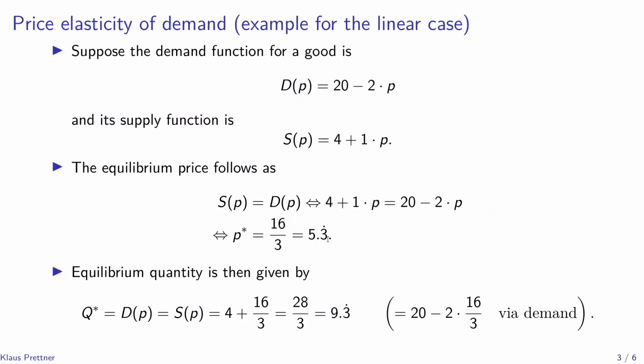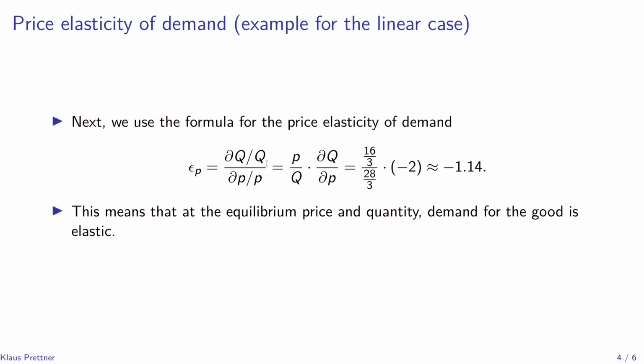And then we can plug the price level either into the supply function, which is done here, to get the equilibrium quantity, 28 divided by 3, or into the demand function, then we would get 20 minus 2 times 16/3, which would be the same.